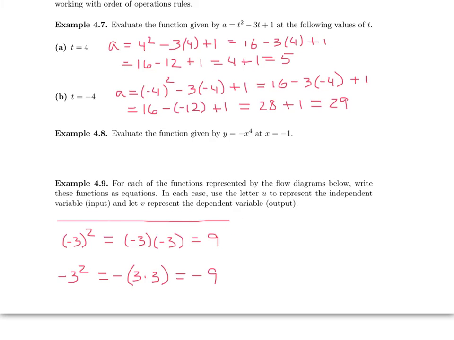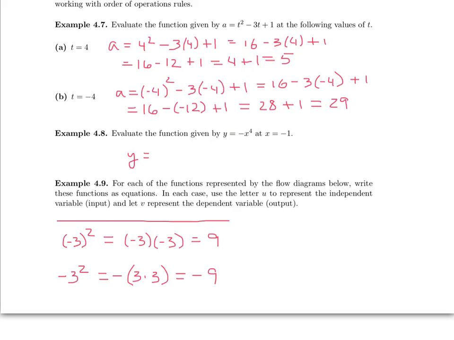In order to raise a negative quantity to a power, you write the negative quantity in parentheses. Notice that there are no parentheses here. Therefore, the only quantity that is being raised to the 4th power is x by itself. So, with that in mind, let's go ahead and evaluate this function at negative 1.